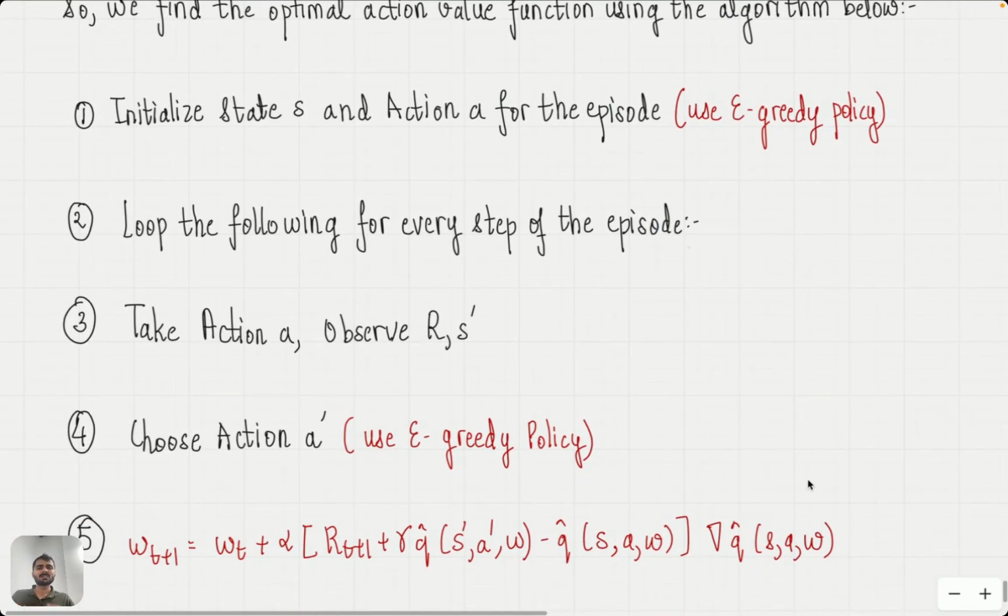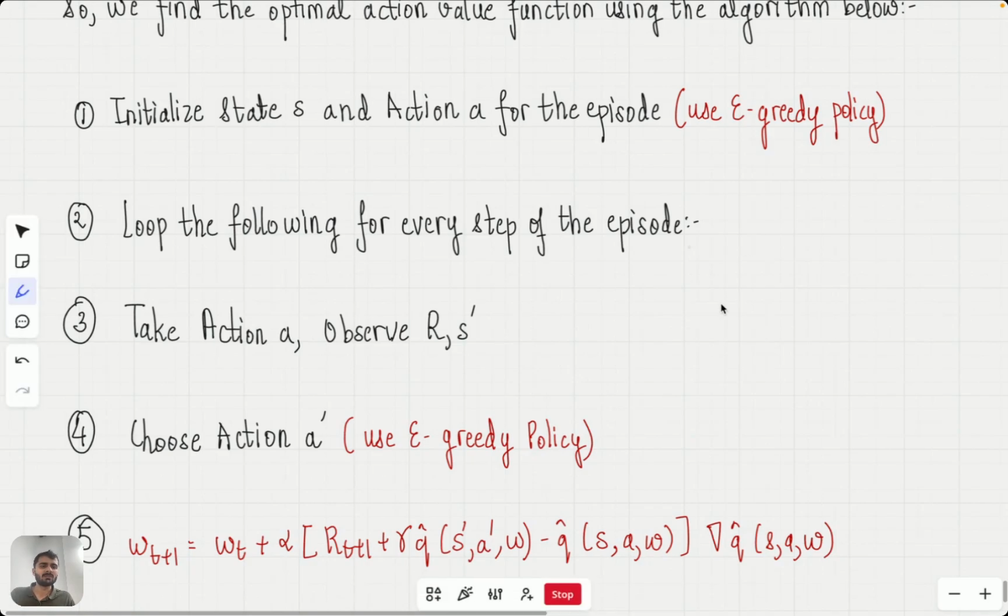We'll start from one state. We will select the action using our epsilon greedy policy, and from that action we will observe the reward and the next state. And from the next state S dash, we will choose another action A dash using the epsilon greedy policy, and we'll use the update rule.